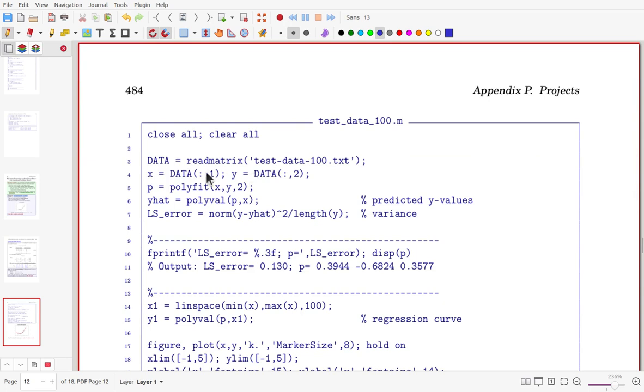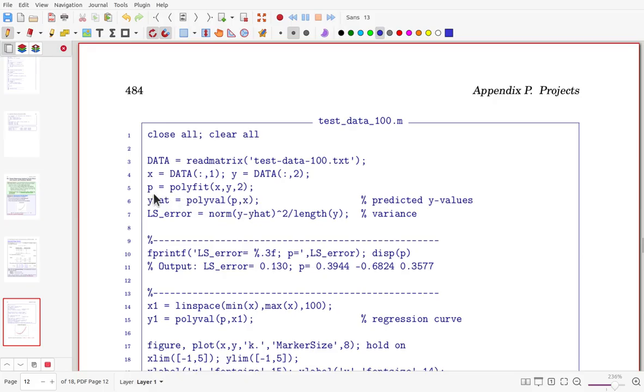We separate the first column and second column from the data set, and we are using polyfit. And now the y value can be predicted. Also we can measure y values for the same x points.